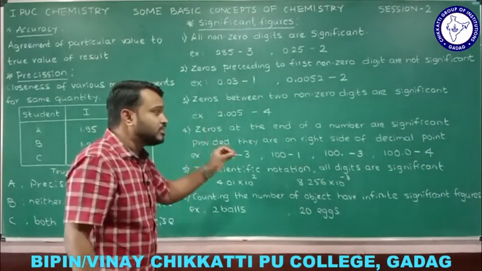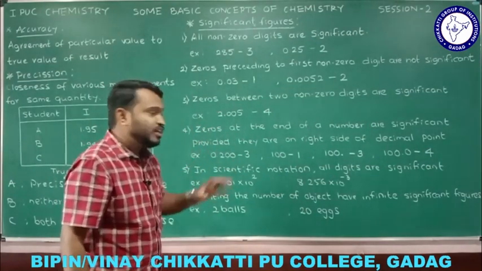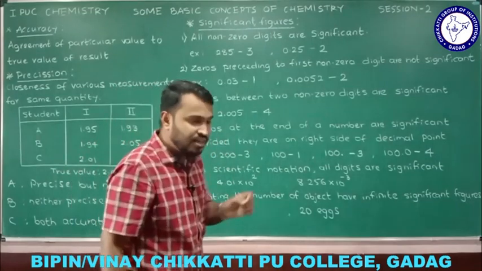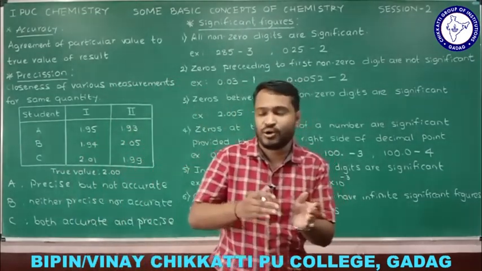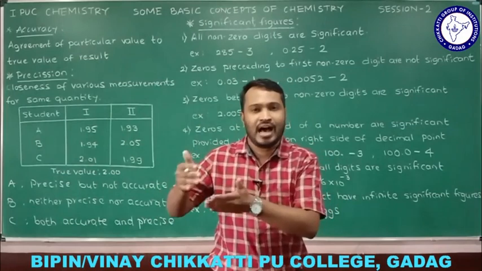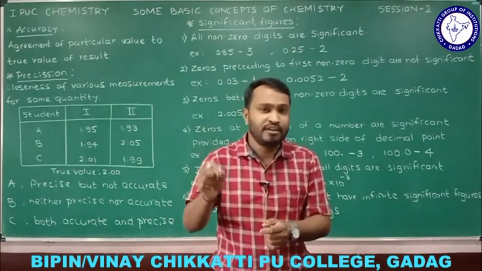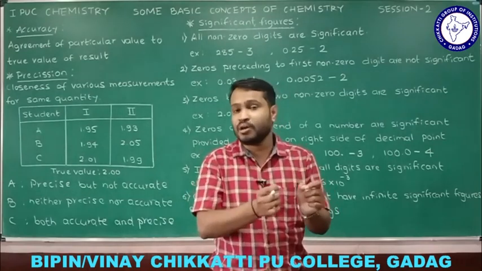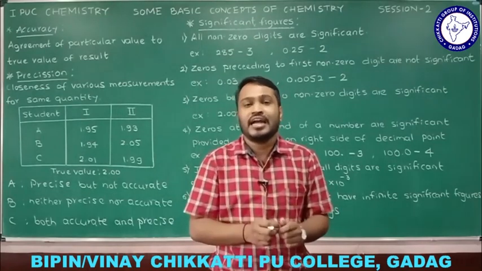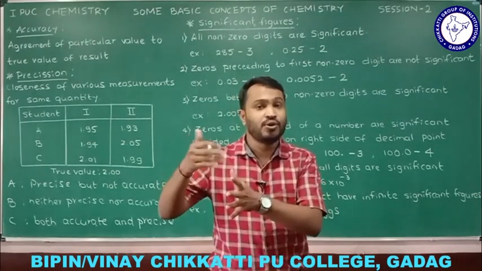So rules are very important here. In rule number 4, the zeros on the right side or last side of the number are significant if you have a decimal point, and if you don't have a decimal point, the zeros you should not consider.